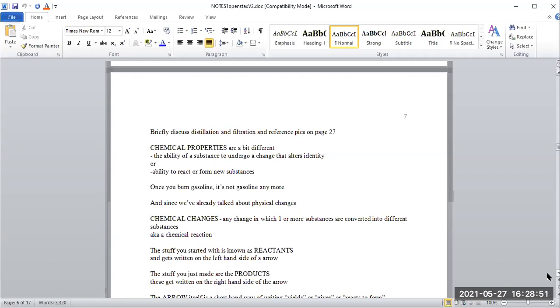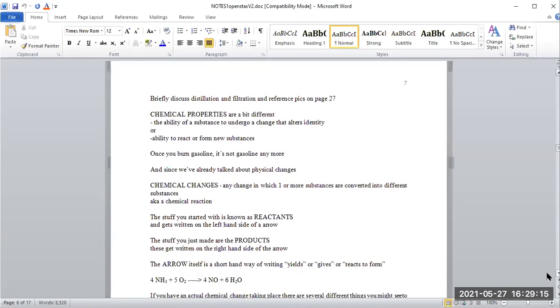The chemical properties and changes are a little bit more subtle. We're not going to spend a lot of time on that, except in terms of how they apply to lab. As we progress through the semester and do various labs, we will talk about some of the physical changes and some of the chemical changes that are occurring as you are doing labs.